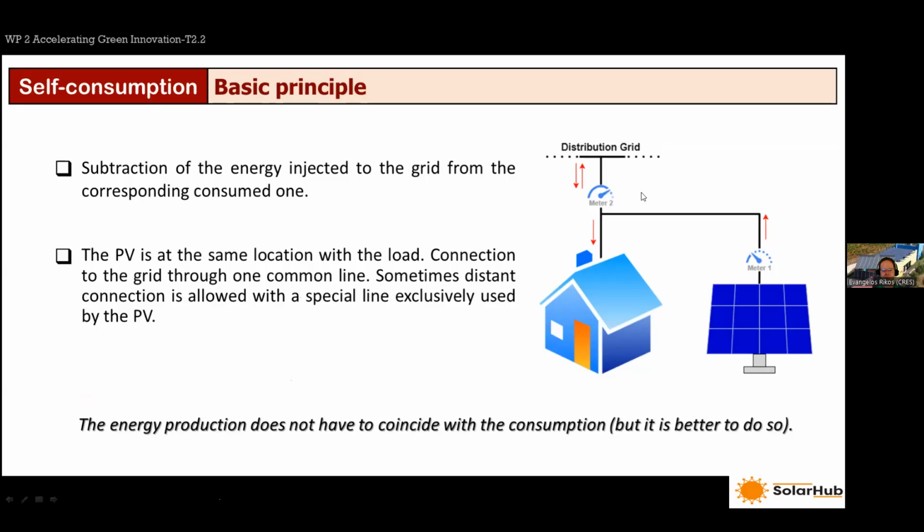The basic principle of net metering is self-consumption. You have at the same installation the photovoltaic with the consumption, and you use 2 meters in order to identify the energy flows to and from the grid. You separate them into the energy from the PV generator itself, the energy consumed by the user, and the energy exchange with the grid.